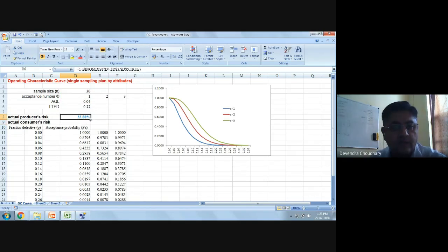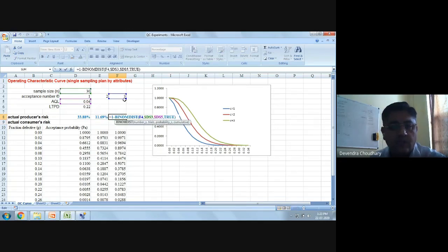And I drag it horizontally. That's why I have not frozen the acceptance number. So here it will take the value 2. You can note down this is 2. The sample size and all those remain the same, and here you can see our acceptance number is C, and the remaining values are the same.